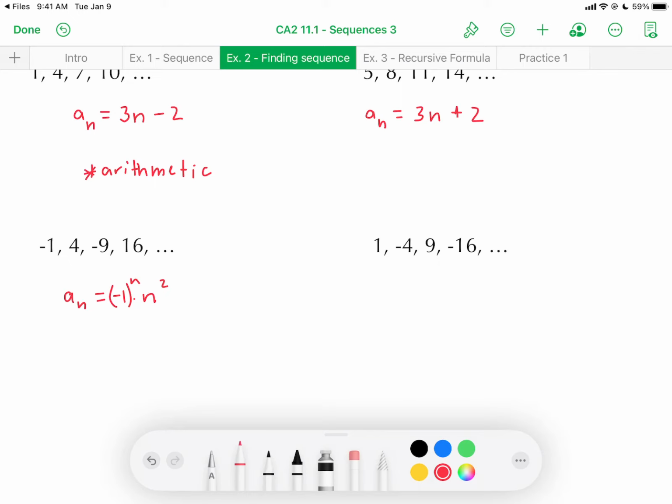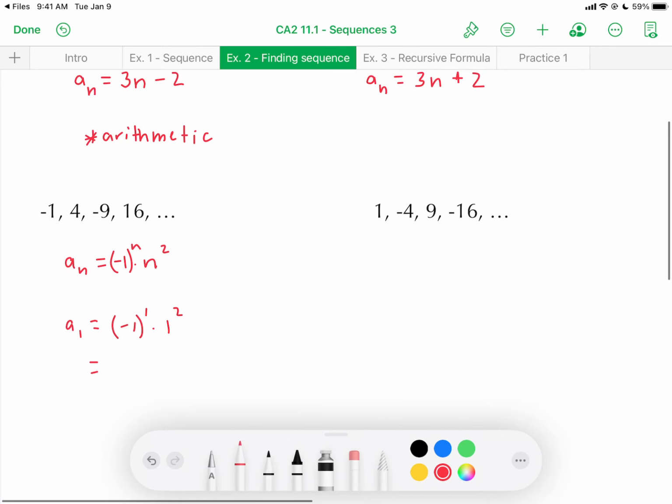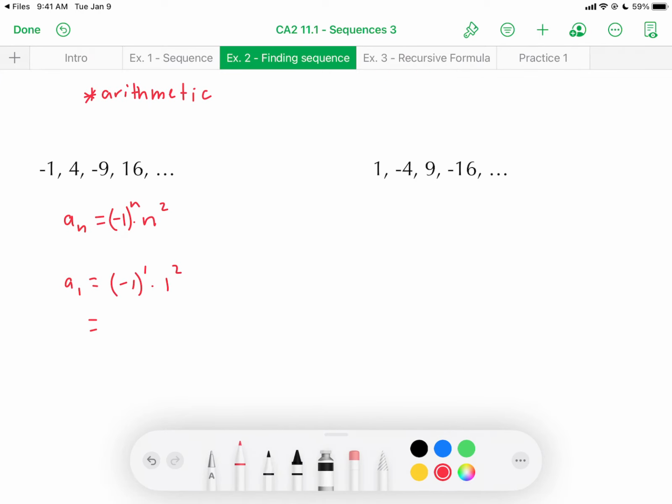Okay, now, see if it works for each one of these. When n is 1, let's actually write this out. A sub 1, that would be -1 to the first times 1 squared. What's -1 to the first? -1, right? 1 squared. 1. -1 times 1, -1.